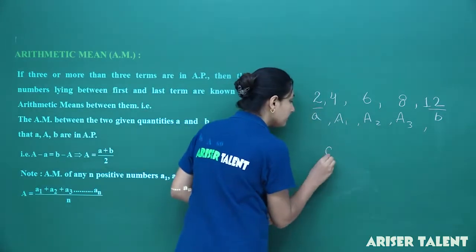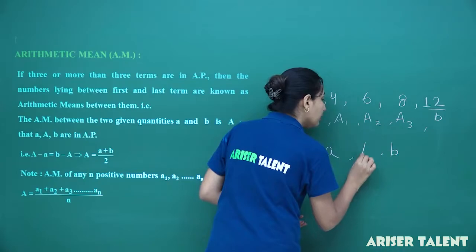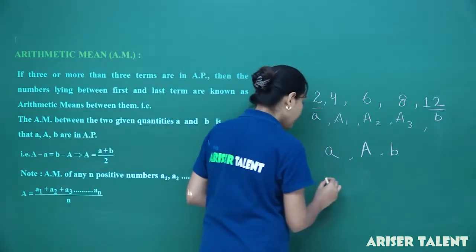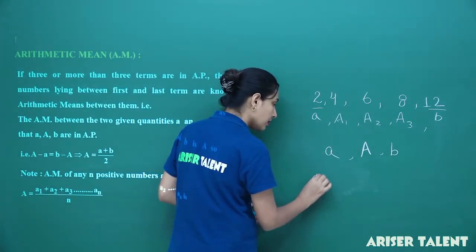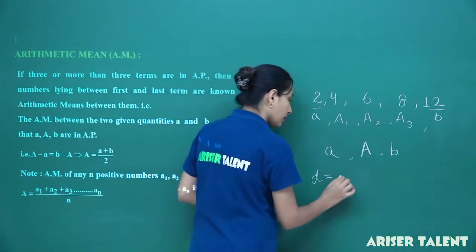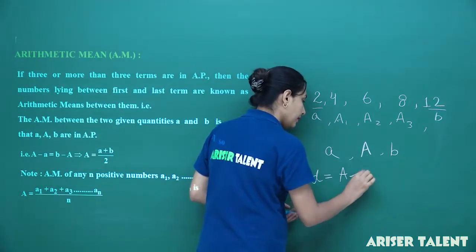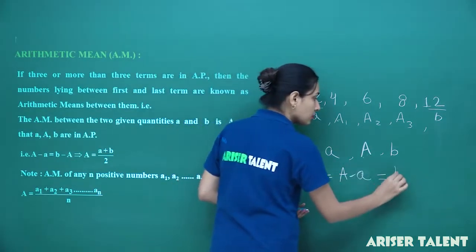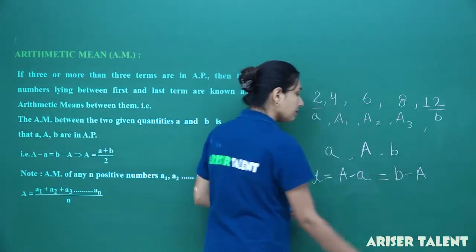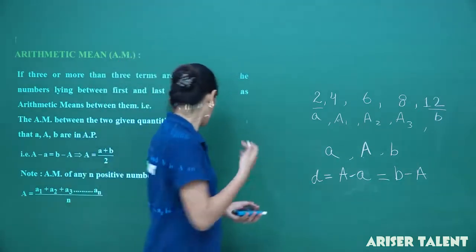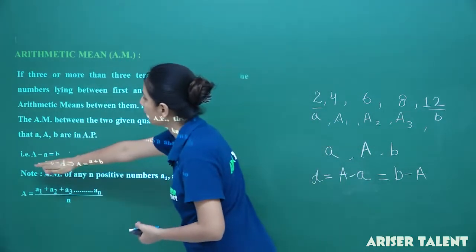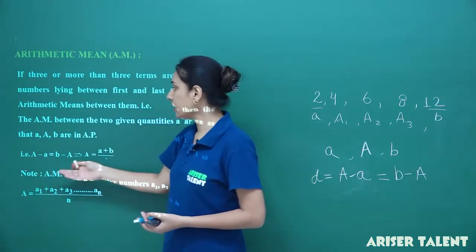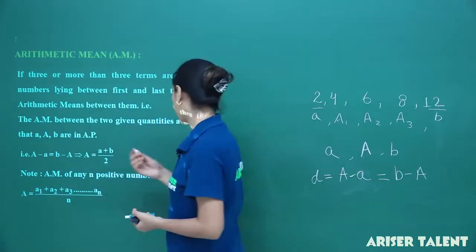If I am taking a, if I am taking b, inserting only one arithmetic mean A here, then the difference will be A minus a, or it can be written as b minus A. So if they are in AP, A minus a will be equal to b minus A. That's so obvious.